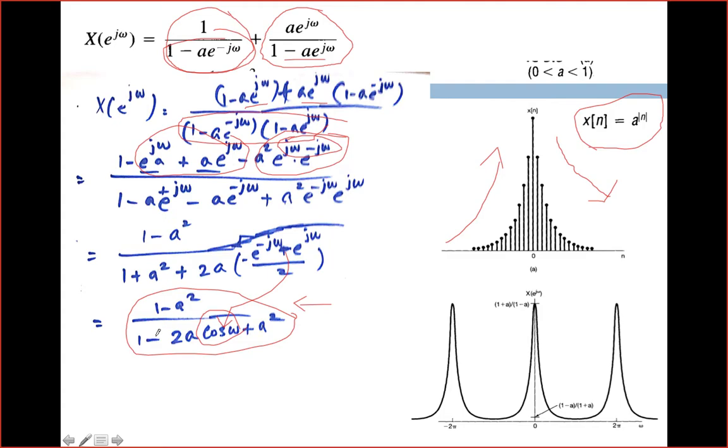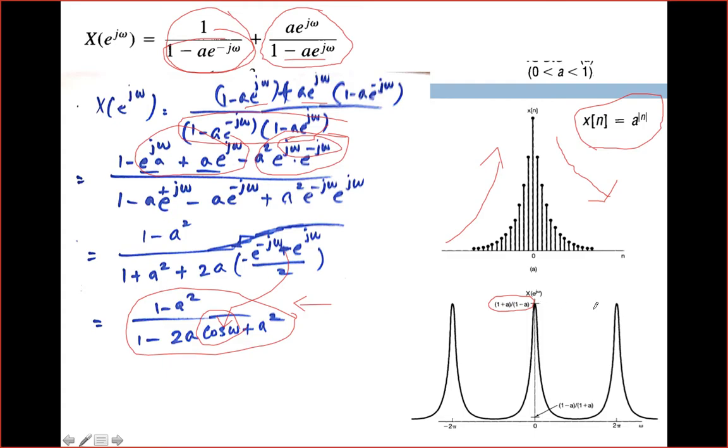I can write this as 1 minus a the whole square. In the numerator I have 1 minus a square, which I can decompose into 1 plus a into 1 minus a. I can cancel 1 minus a from numerator and denominator. The remaining part is 1 plus a divided by 1 minus a. This is the maximum value of this particular equation.